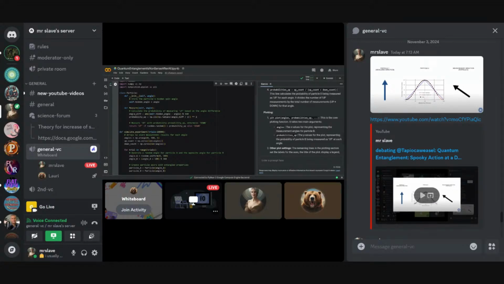Okay. So what I did is I watched Professor Don Lincoln's video and I followed his protocol and his explanation of hidden variables. He said that hidden variables is basically, you create two boxes, and you have two balls, a red ball and a blue ball, and you put one ball in one box, the other ball in the other box.